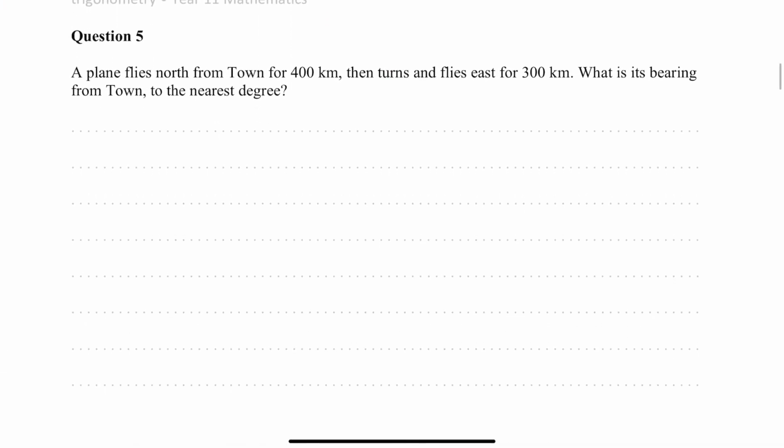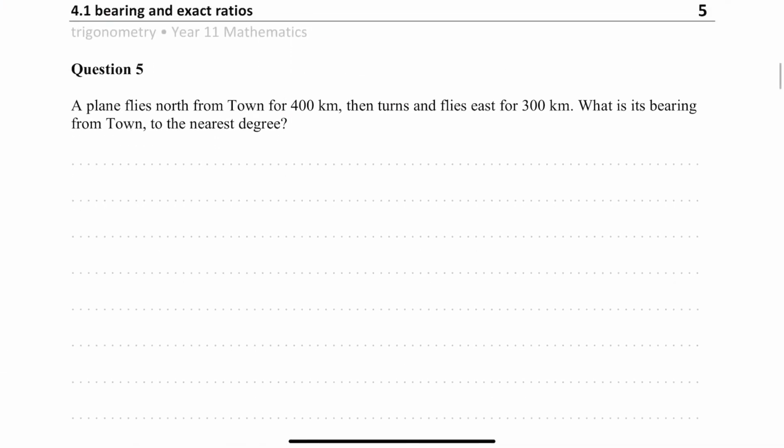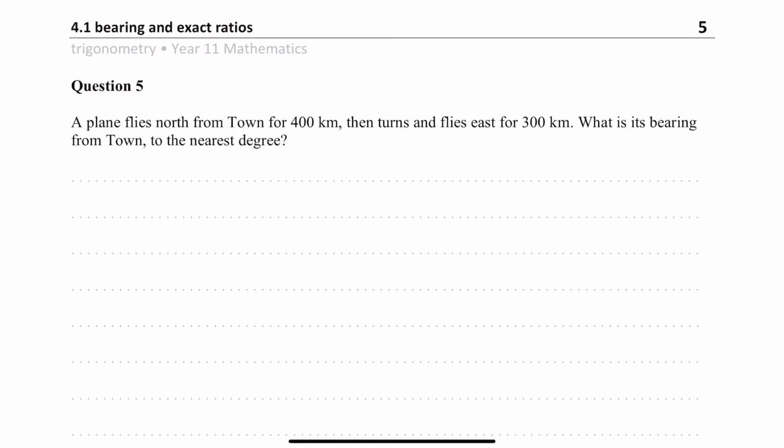Let's try one more before we wrap up this video. A plane flies north from town for 400 kilometers, then turns and flies east for 300 kilometers. What is the bearing? So from town, we're going north, right? So this is town.